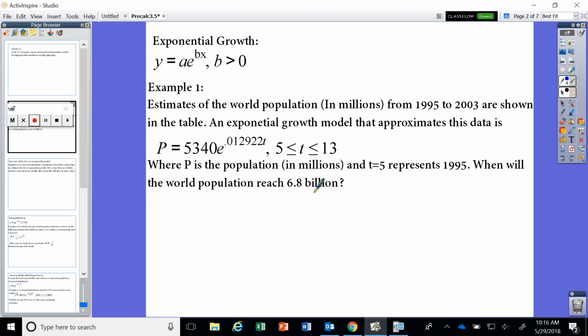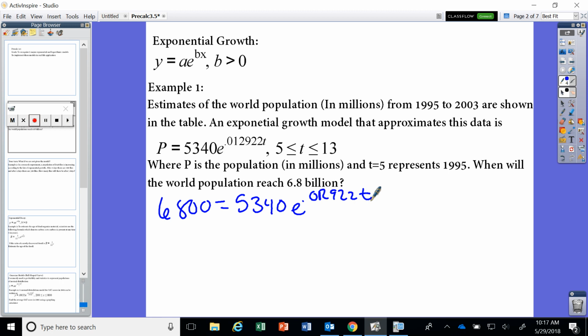The population on the chart is in millions specifically. So we're asking ourselves, when does the population become 6.8 billion? So when does P equal 6,800? That is what we want to take away from this scenario.